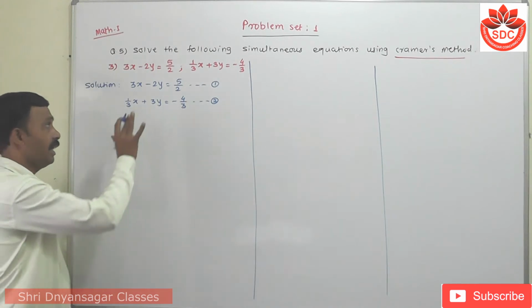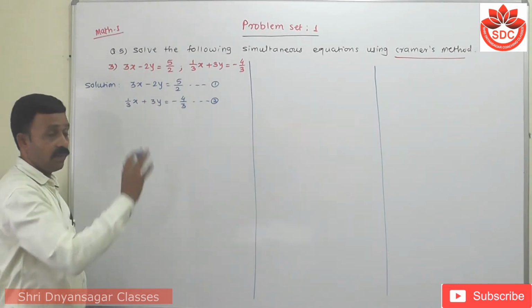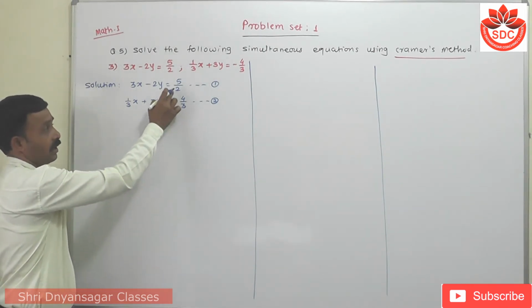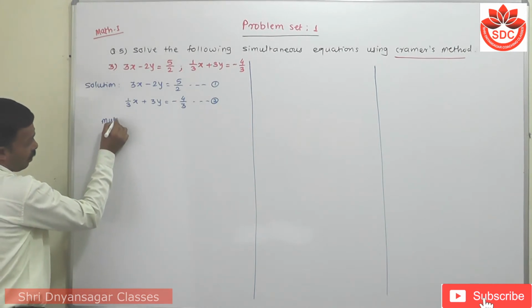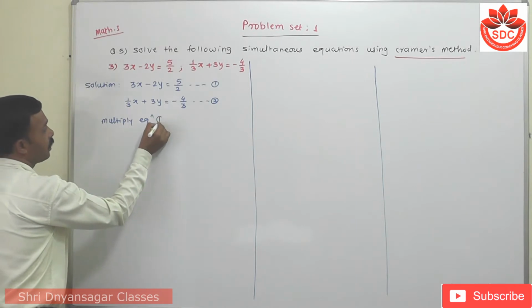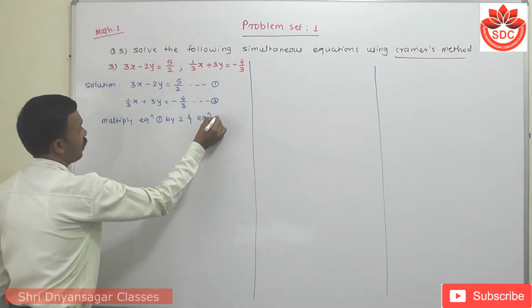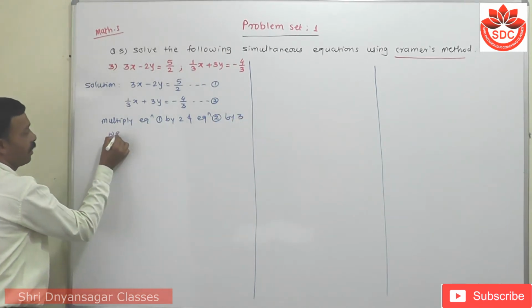Students, you can directly take and solve this by Cramer's method, then also you can find out the value of the variable. But I have to make it by removing these denominators. So I have to write here: multiply equation first by 2 and equation second by 3, we get.